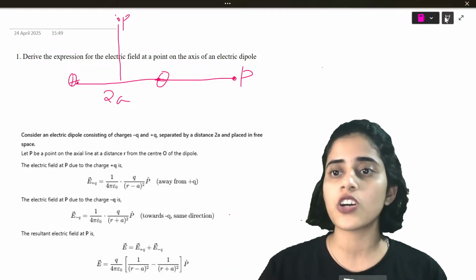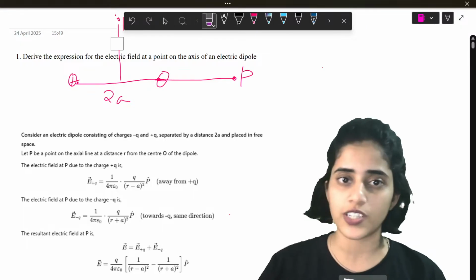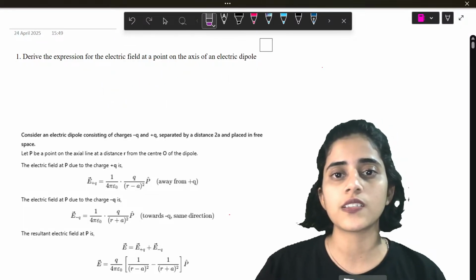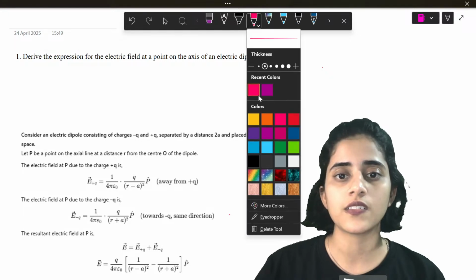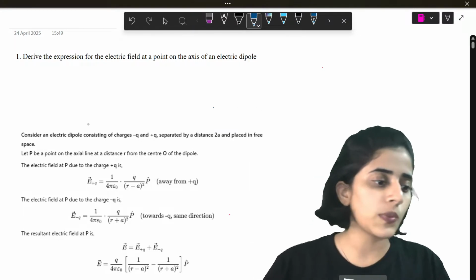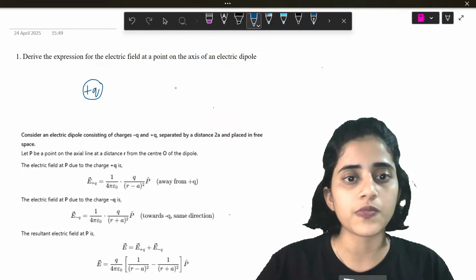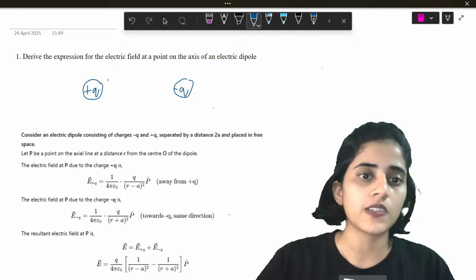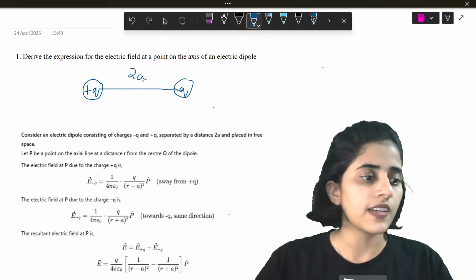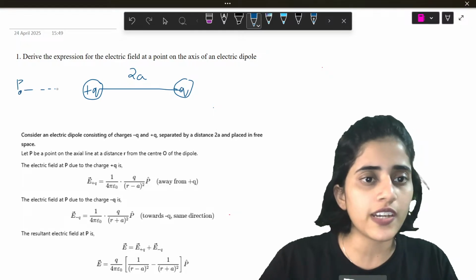Now let's draw a figure for this. Here we are not considering equatorial, but the next question is for equatorial. Okay, let's do it. We will consider a dipole plus q minus q at distance 2a. Let's consider a point P on the axis of the dipole.